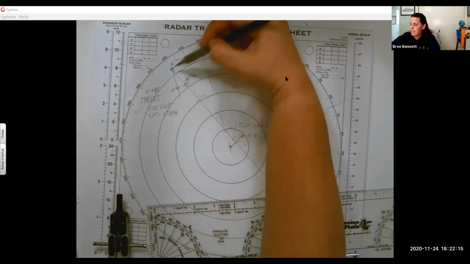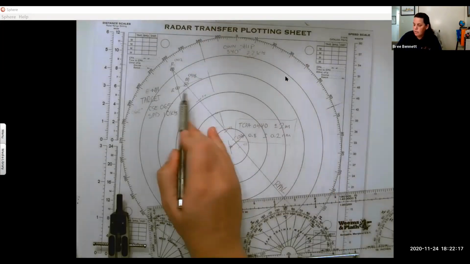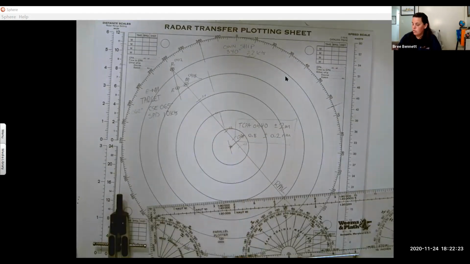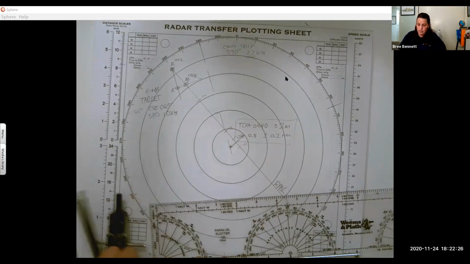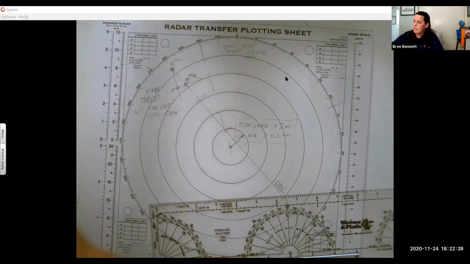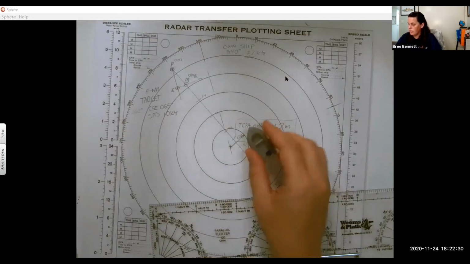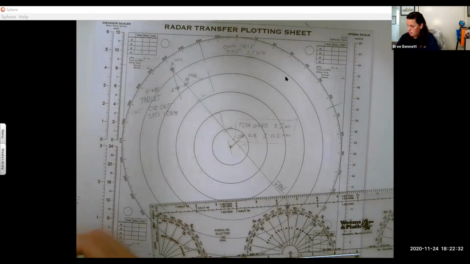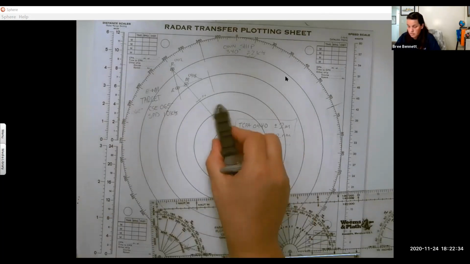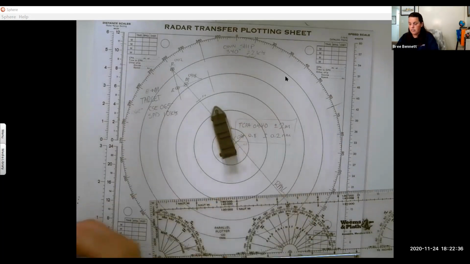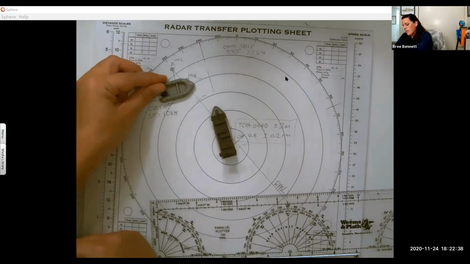So we were looking at R to M, and then we looked at E to M, which is them. So now let's figure out who is the stand-on giveaway. If they are two power-driven vessels, there's my heading, and that's their heading.